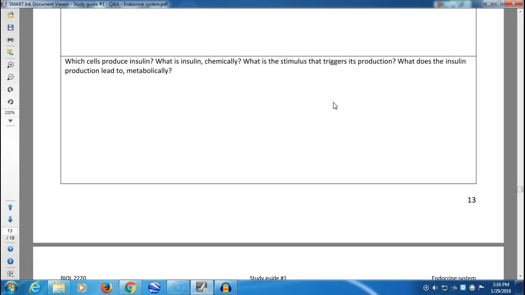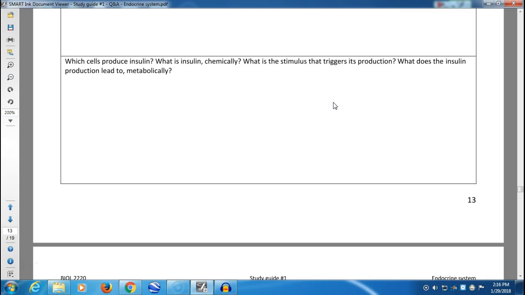And when glucose is in the cells, what's going to increase in the cell? Which biochemical processes? Glycolysis, glycogenesis, and lipogenesis. We're good? Anything that will utilize glucose.